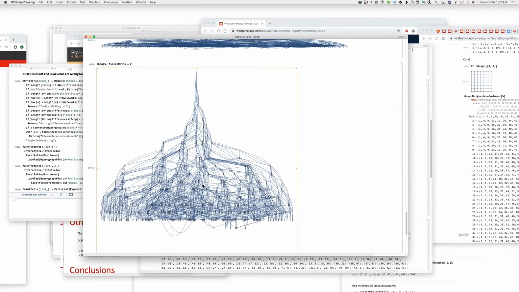What do we learn from this? Honestly, this doesn't look totally hopeless. If we were to look at this, in this updating order, this is the space-like hypersurfaces.